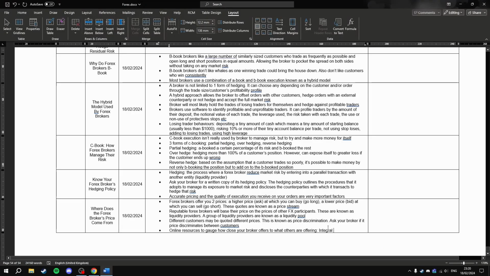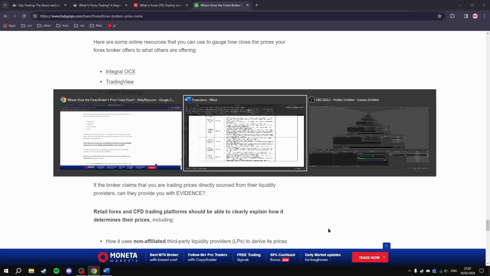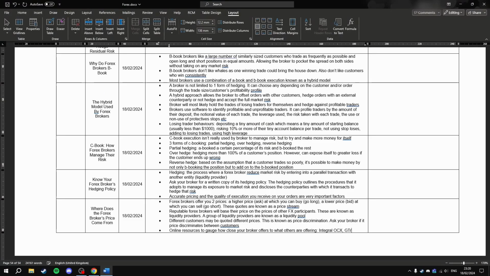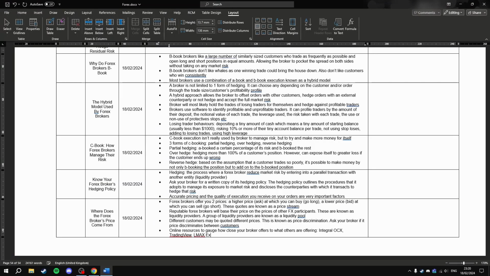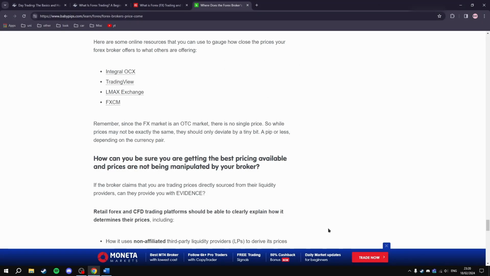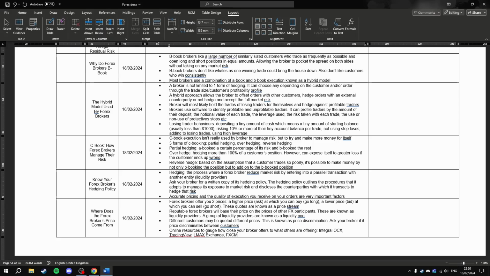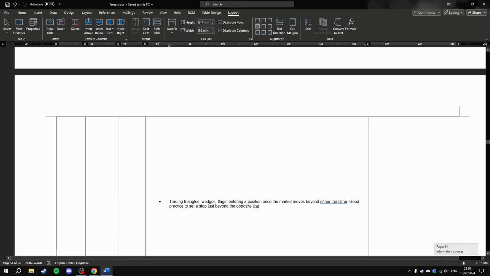Integral OCX, Trading View, LMAX Exchange, FXCM. I think we've been on this website before actually, FXCM, haven't we?